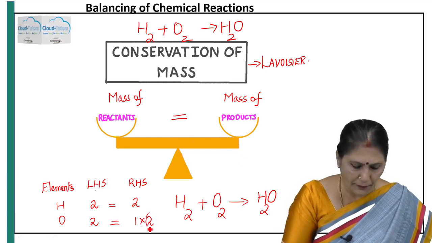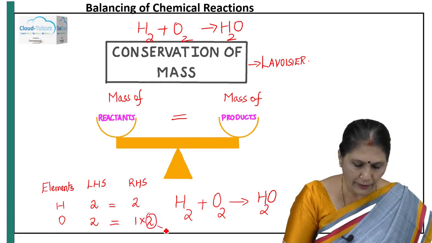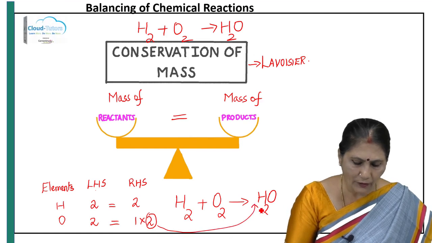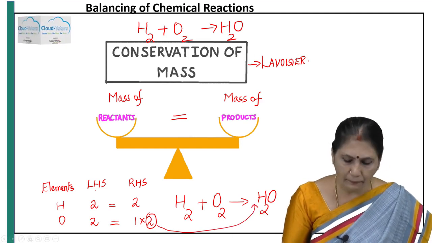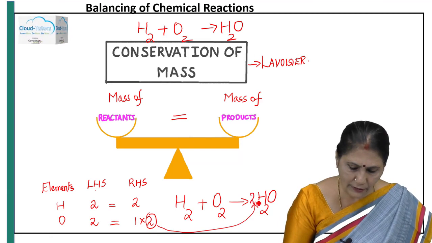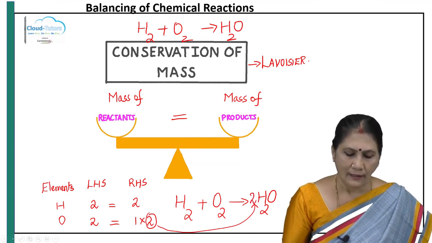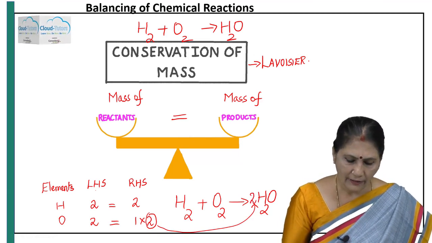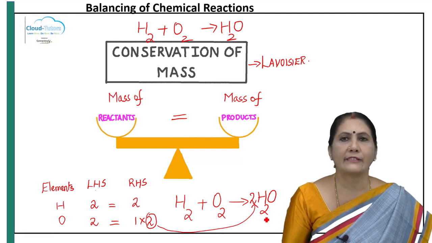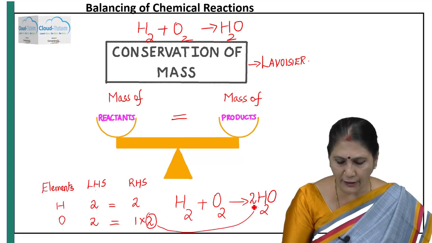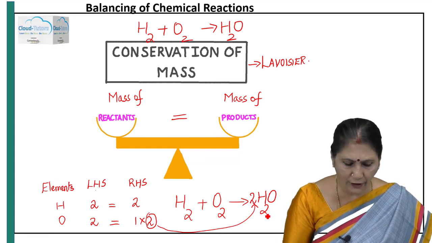So this number 2 has to be written over here. That means I will just introduce the number 2. So hydrogen now becomes unbalanced because you have introduced 2 here. So 2 into 2 becomes 4 here.